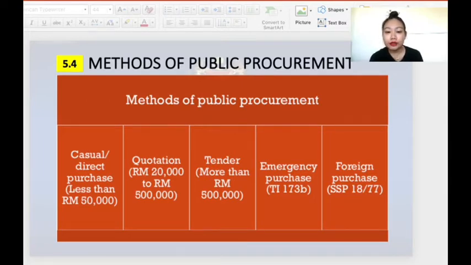Meanwhile, for tender, the third type, it is the purchase of products and services with the amount more than 500,000 ringgit. And then the next ones, emergency purchase and also foreign purchase. So we have 5 types here.